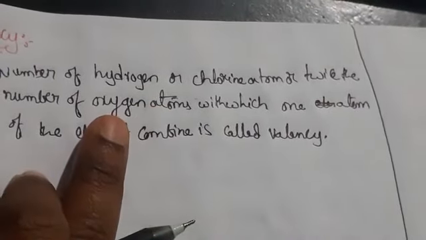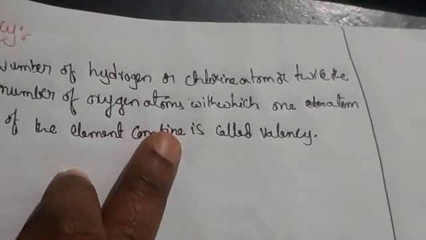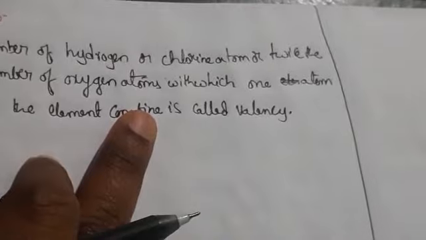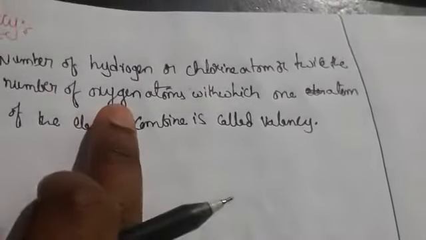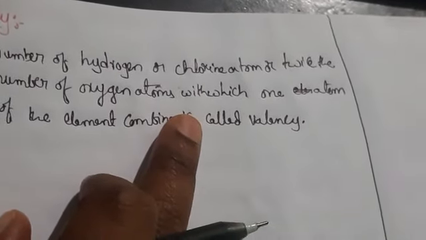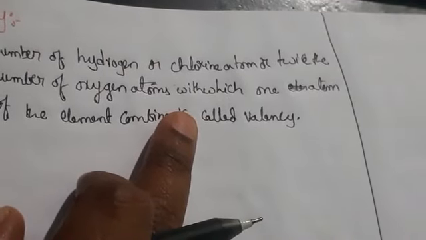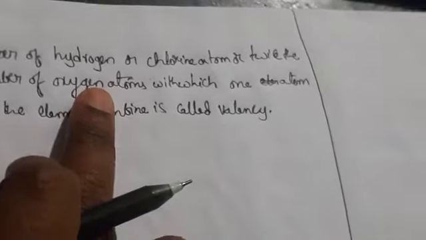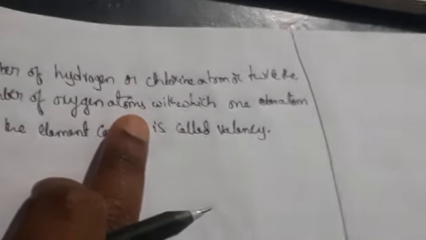For example, hydrogen, if you are taking it, is 1. Chlorine atom has the last electrons as ns2 np5, which is the general configuration. Or twice the number of oxygen atoms. Twice means two times the oxygen atoms. Oxygen atomic weight is 16, and if you take the electronic configuration, you may get 2 or 6.